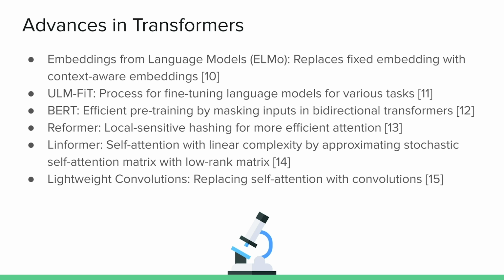The idea is that your self-attention mechanism, that n squared matrix that we have, can be approximated by a much lower rank matrix, and that helps us to make this computation much more efficient.